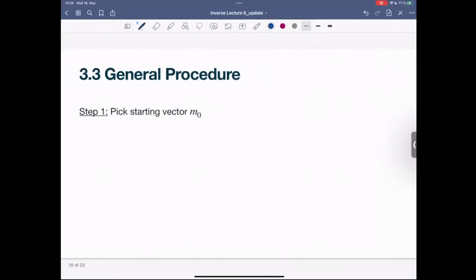So how does the general procedure look like to solve this? First of all, we need to pick a starting model vector M0. Using this, we can then calculate the predicted data vector d hat and the misfit vector delta c equal to the observed data d minus the predicted data d hat.